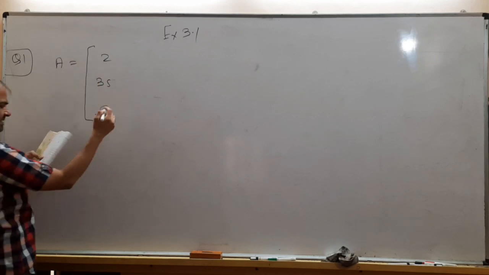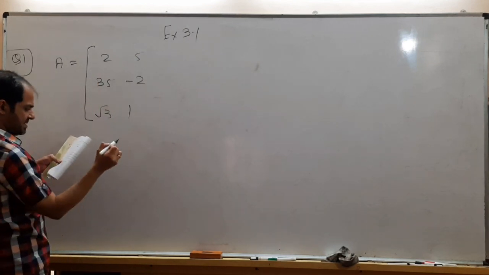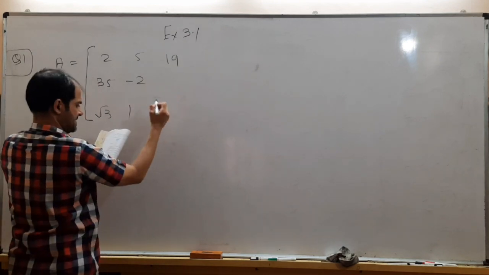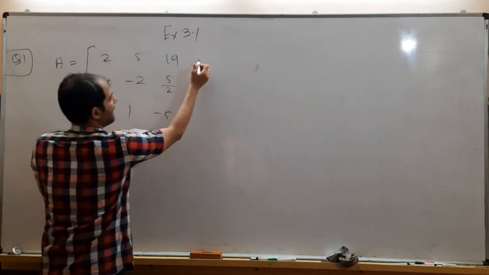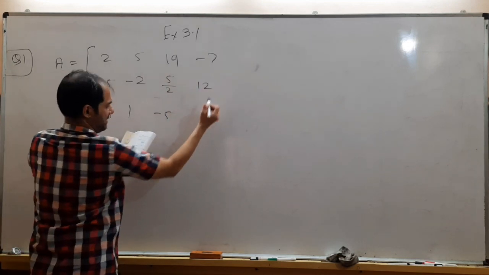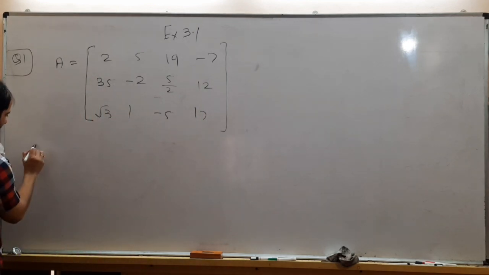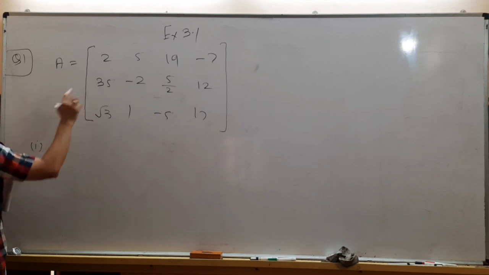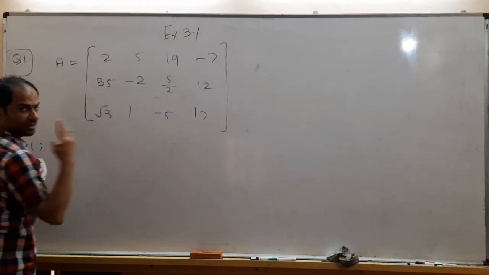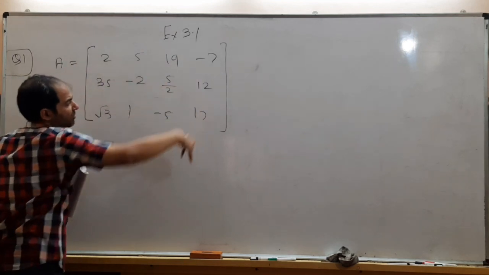I'm writing column wise. 5, minus 2, 1, 19, 5 by 2, minus 5, minus 7, 12, and 17. They have asked you things. First, they have asked the order of the matrix. Now see, how many rows are there? 1, 2, 3. 3 rows, horizontal is rows, and vertical is columns. So 1, 2, 3, 4. So 4 columns.